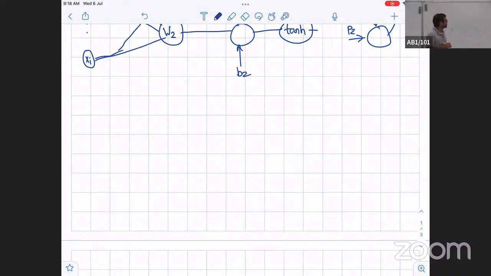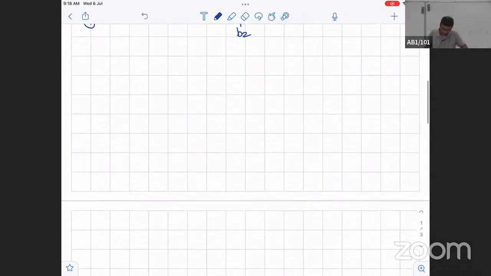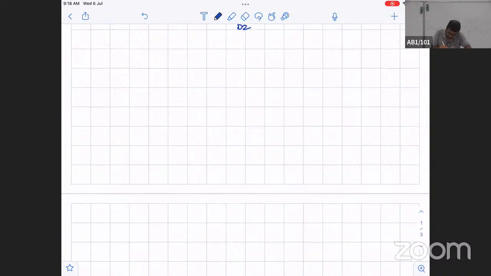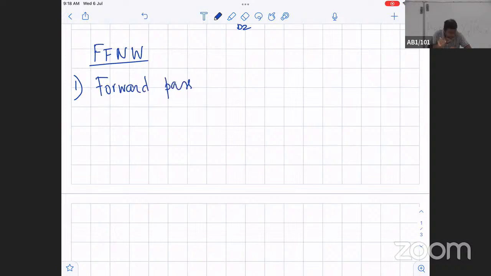There are two aspects of this feed forward neural network. First one is the forward pass. We will spend some time on the forward pass, and then second is back propagation.